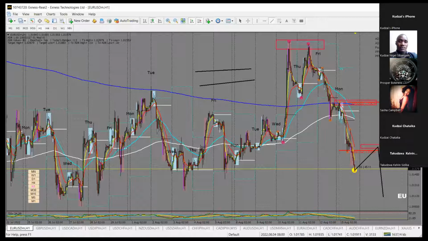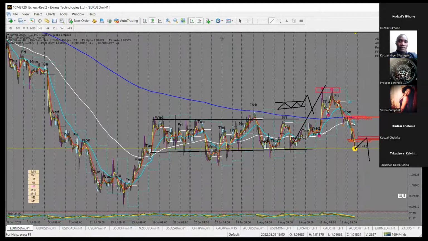So it means this is a multi-day peak formation. We only trade multi-day peak formations. If you can remember from your notes, we only trade multi-day peak formations. This is a multi-day peak formation.